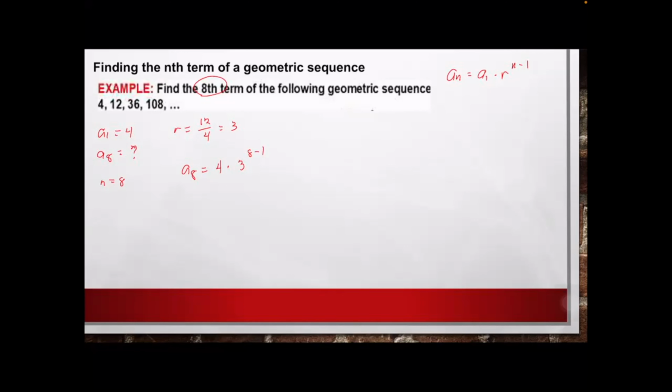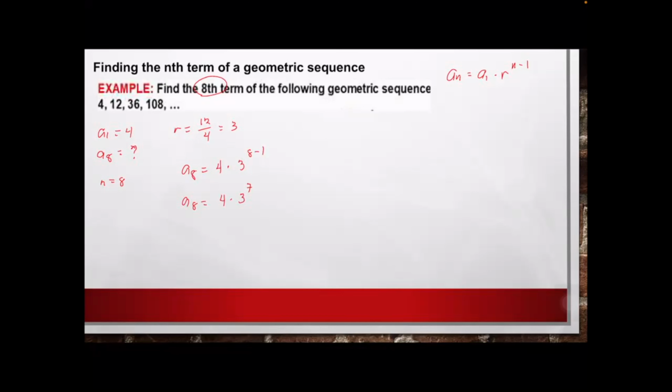So again, 4 is the a sub 1, r is equal to 3, a sub n is a sub 8, then n is equal to 8 minus 1, because n minus 1. Then this will be a sub 8 is equal to 4 times 3 raised to 7.